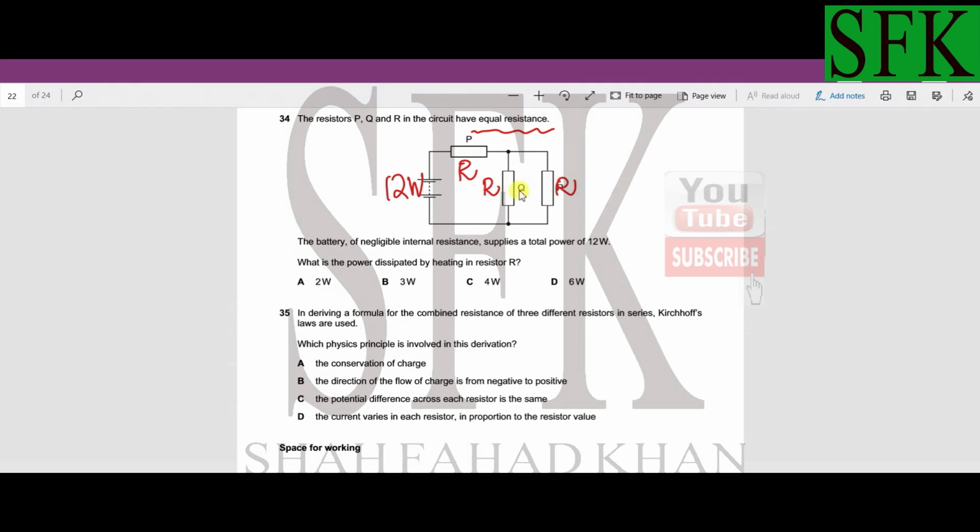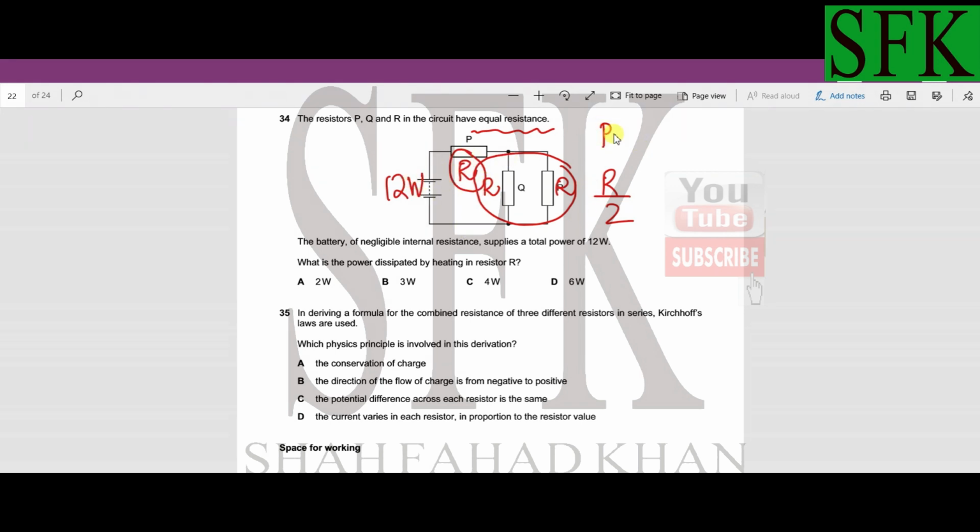They are in parallel, so the collective resistance will become R upon 2. R upon 2 is the total resistance of Q and R, and it is in series with P. If we replace these two resistors by one resistor having a resistance of R upon 2, and this one is just R, now they are in series with one another.